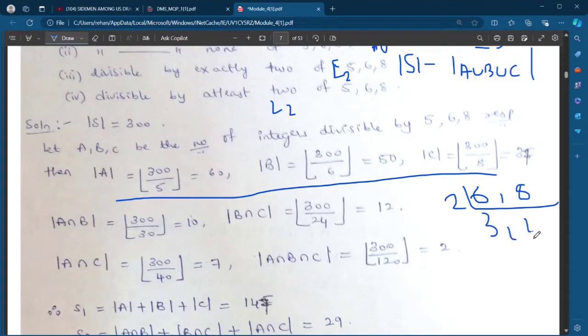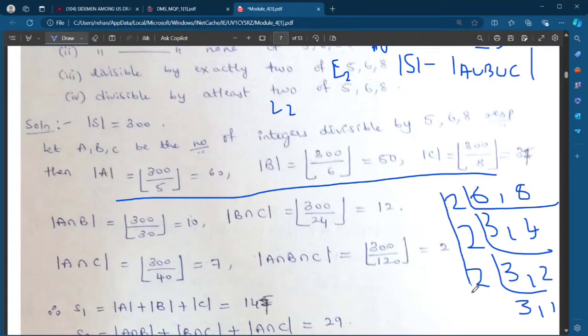So 2 3 is a 4, 2 3 is a 2, 2 3 is a 1, 2 2 is a 4, 4 2 is a 8, 8 3 is a 24. Now you understood how this 24 came here, right? Similarly for 5 and 6, if you take the LCM, 5 into 6 only will come. Now we understood perfectly.